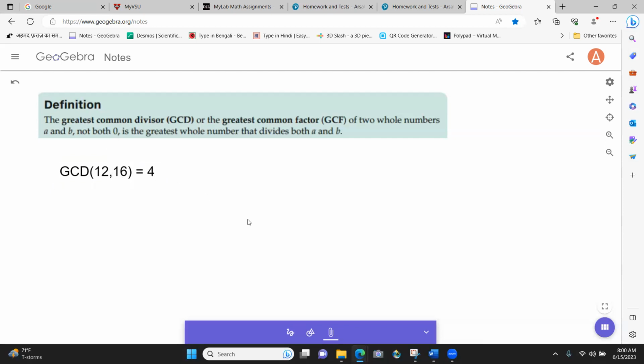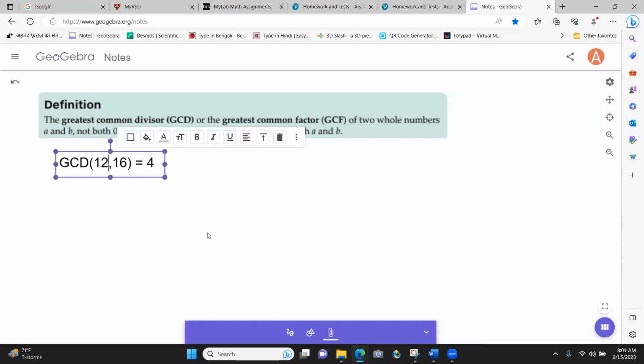Now, to find the GCD of two numbers that are a bit bigger, we try to express each number as its prime factorization. So let's say I want you to find the GCD of 240 and 320.